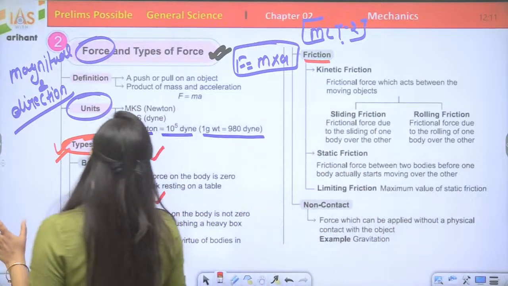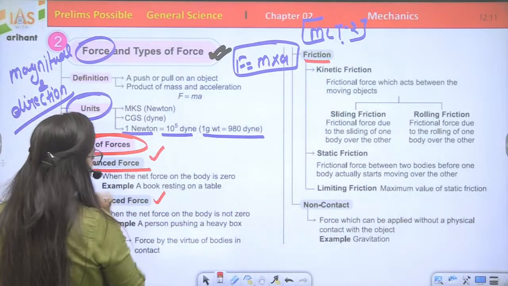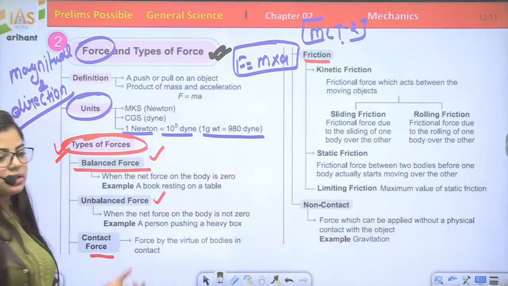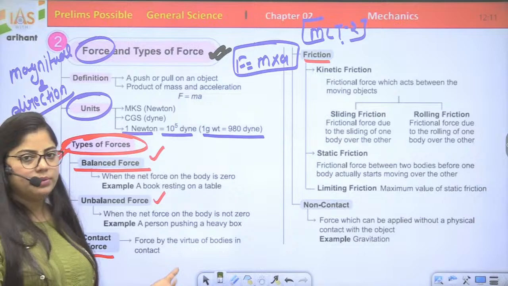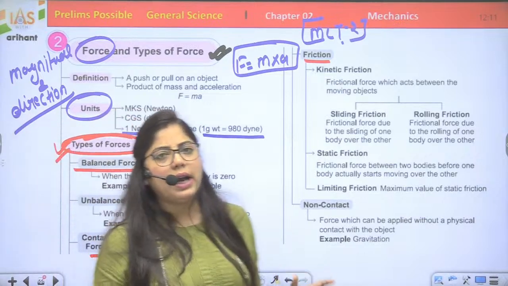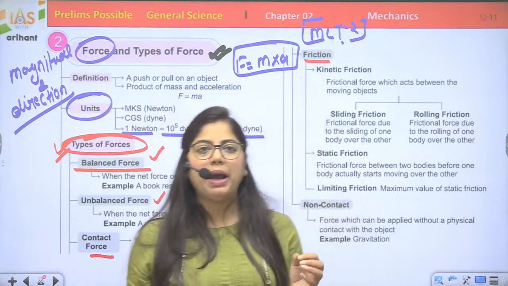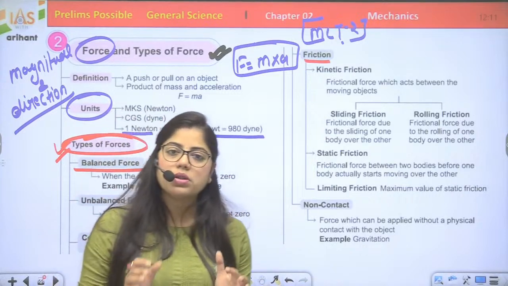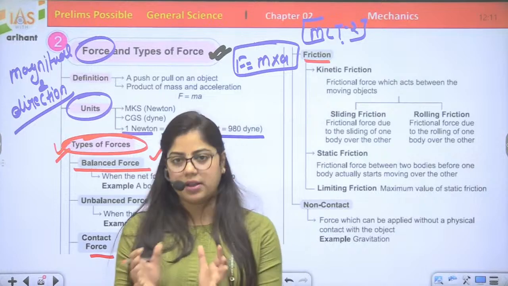Now first we are going to understand what is balanced force and what are examples of balanced force, right? Before that, you must understand that force has different effects.